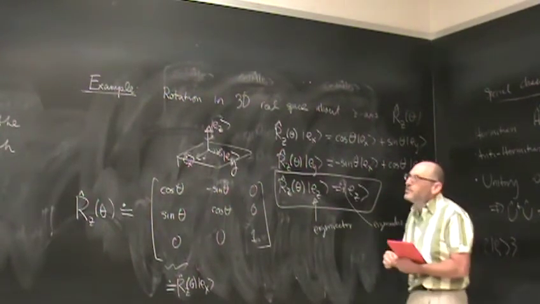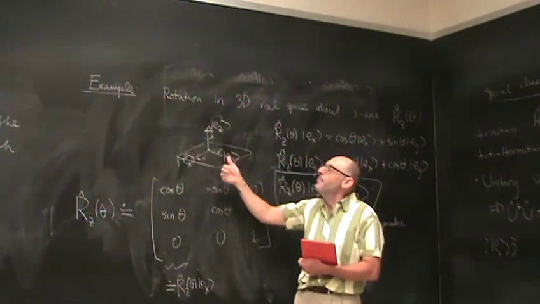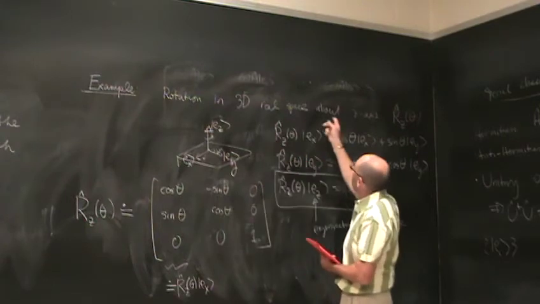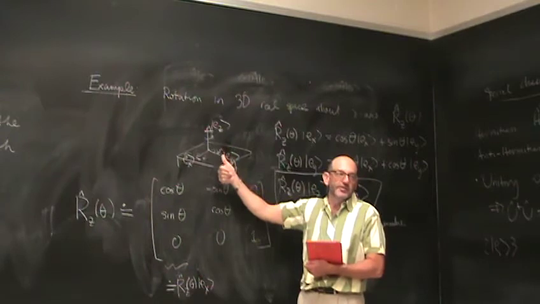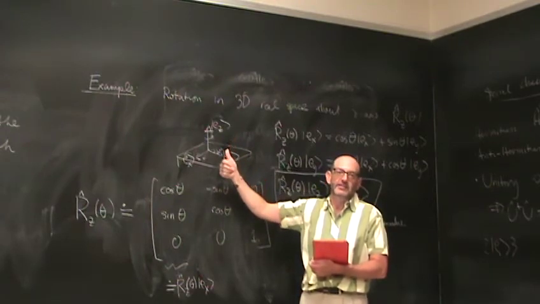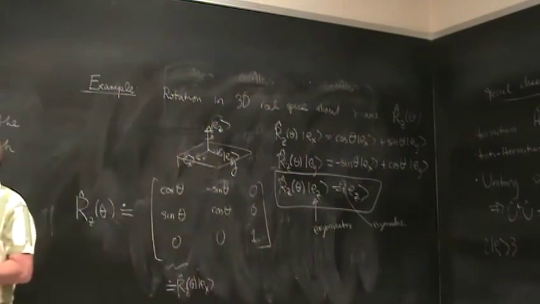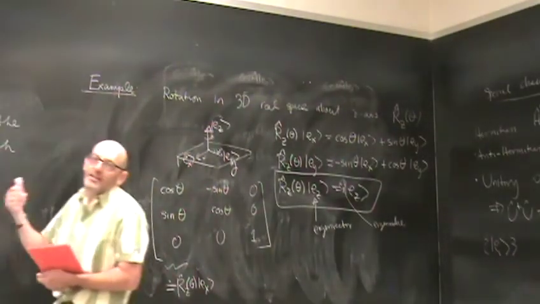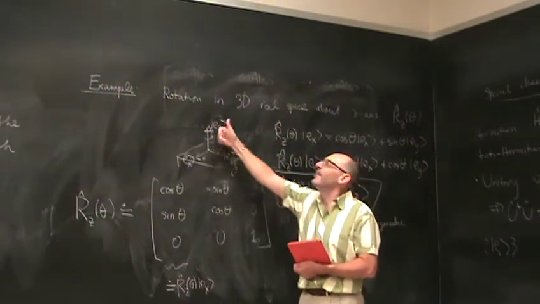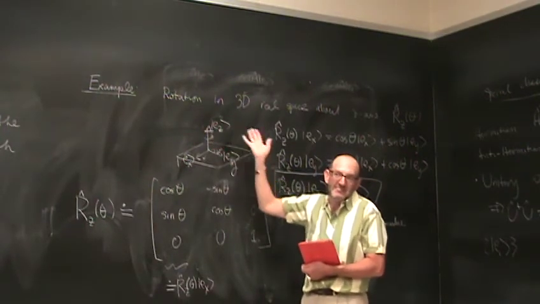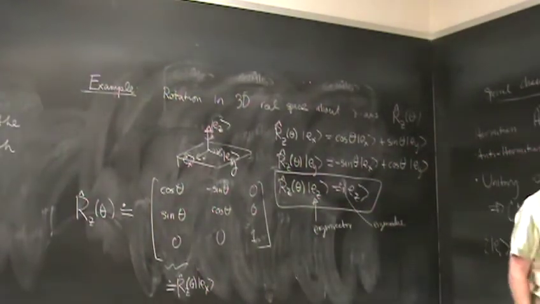So geometrically what you see is the operation of this map on this basis vector, on this eigenvector, was to not change its direction. It left it alone. That's what an eigenvector must do. But in particular, it doesn't just not change its direction. In this case, it left its magnitude the same. So that's why the eigenvalue is plus 1.